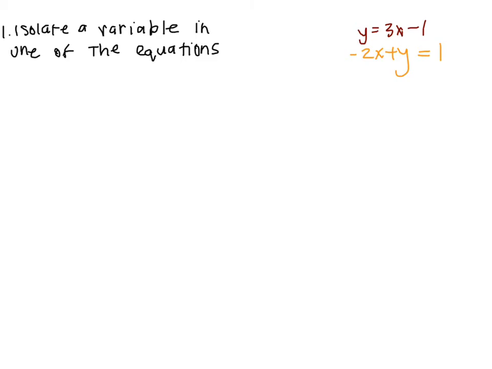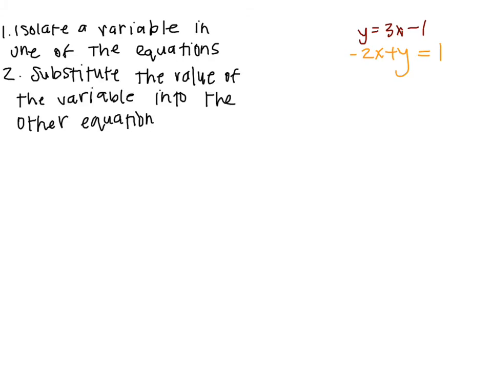We will substitute the value of the variable into the other equation. So we know that y is equal to 3x minus 1. This second step is telling me that I should take 3x minus 1 and place it into the second equation where I see y.